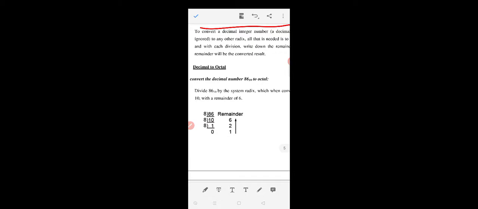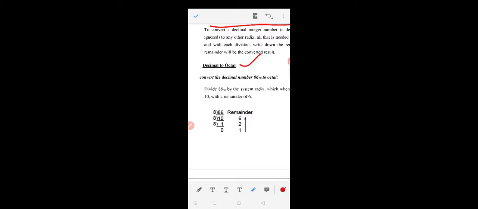To convert a decimal number to any radix, you just follow a simple procedure: divide the decimal number by the radix of the system whose equivalent you want. Here is decimal to octal conversion.